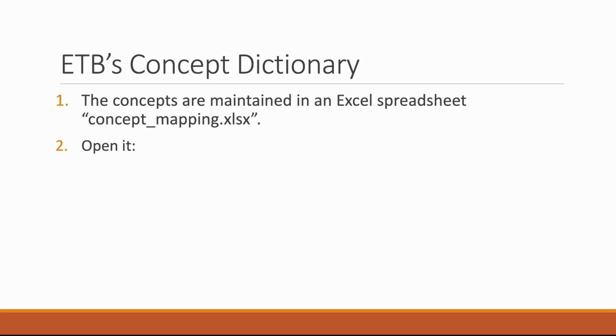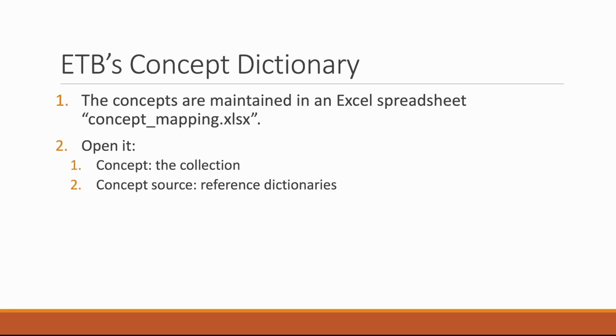Now I've just shown you the ETP's own concept dictionary. It's an Excel file, concept mapping.xlsx. When the ETL process runs, all the concepts are picked and then loaded into their respective tables. It's all manual SQL queries running in the background, but that's the best way to go when it comes to a concept dictionary.